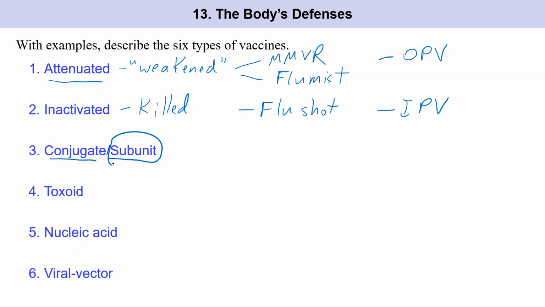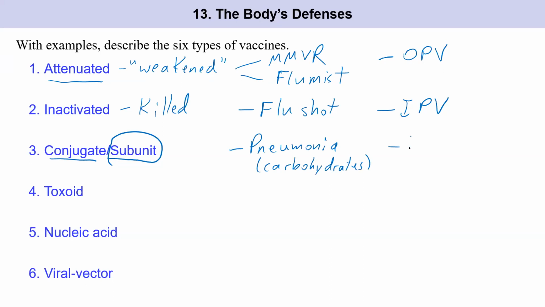For example, I gave a few examples in class, but you've got the pneumonia vaccines, and those are carbohydrates found on the capsule of the organism. There are a few different formulations. I think I mentioned there's Pneumovax 19, Pneumovax 23, and things like that. So that means it has 23 antigens in it.